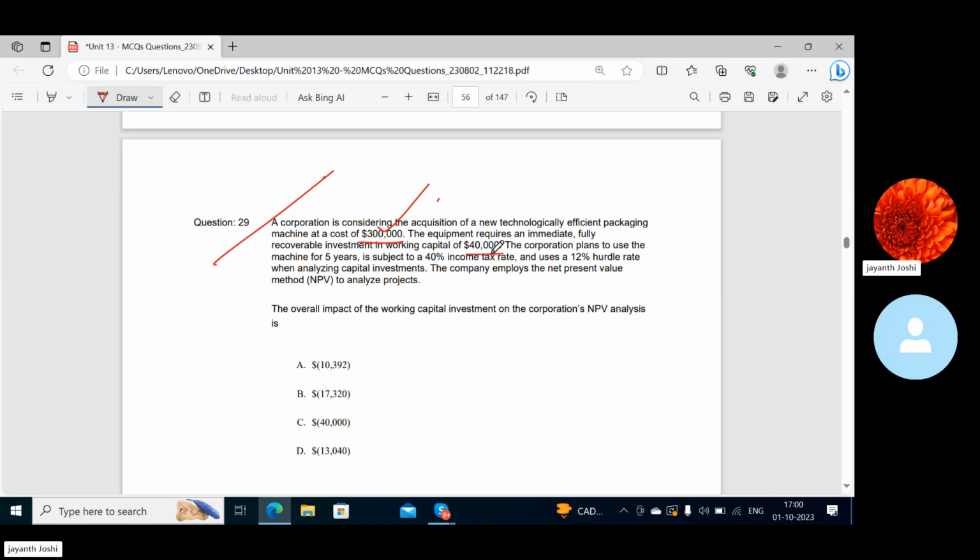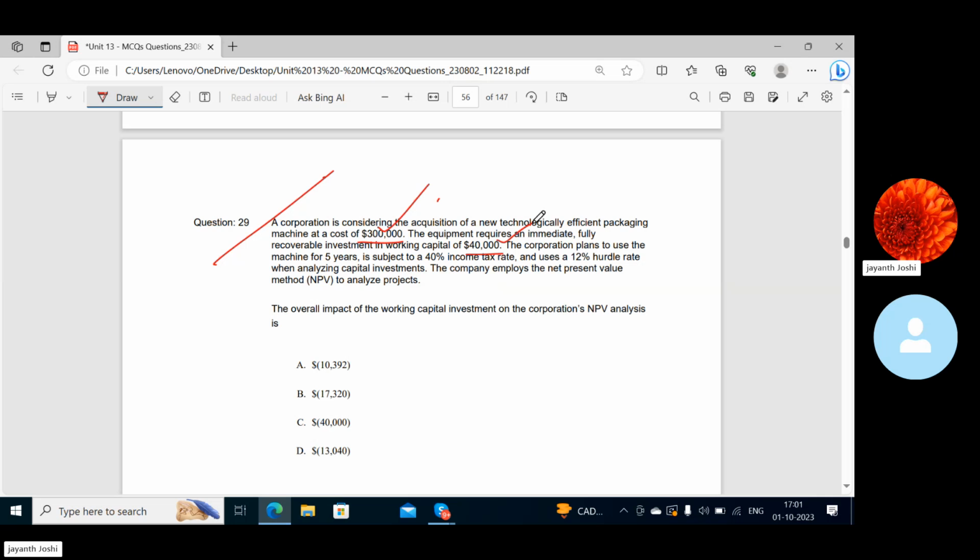As you know, in capital budgeting or investment decisions, if you invest your money into some project, definitely some working capital is required to run the daily affairs of the company, or to meet daily routine expenses and financial obligations. So this working capital is recoverable working capital. That means they have to recover this at the end of the project's life.